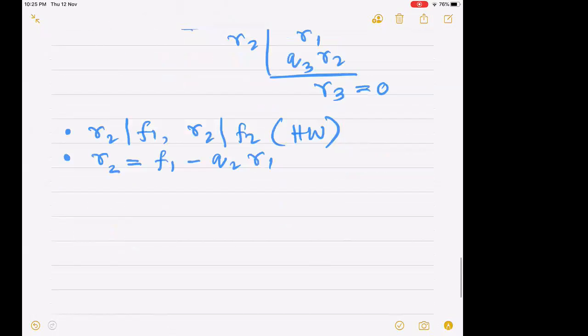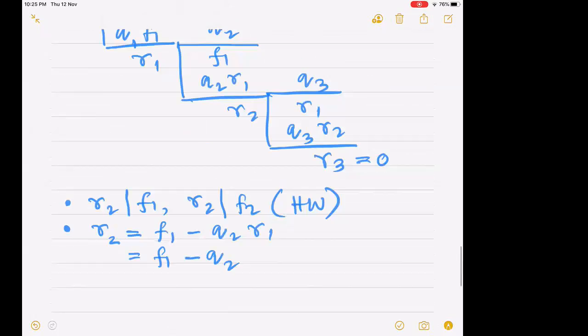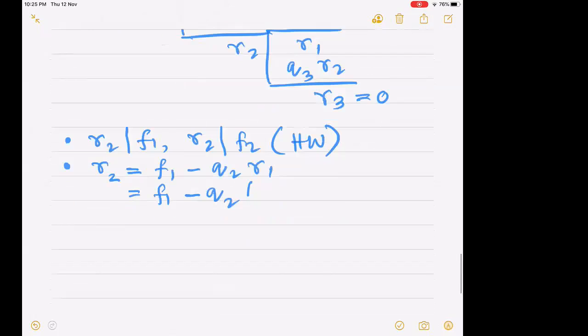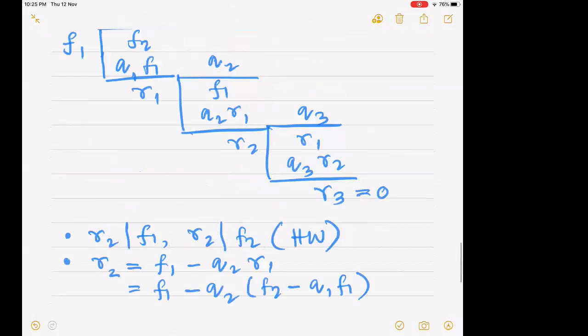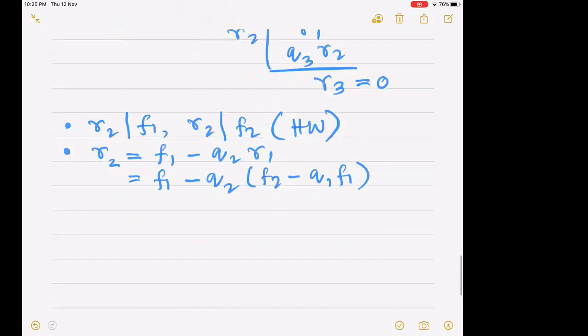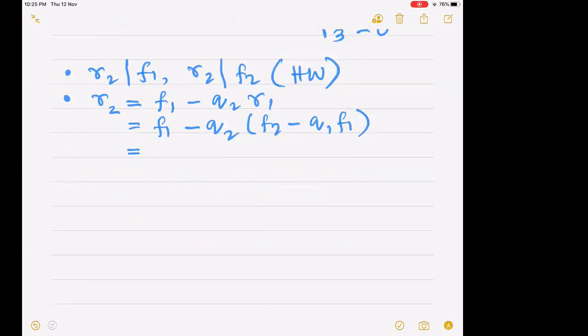That is F1 minus Q2 times, but how do we get R1? R1 is F2 minus Q1 into F1, right? This is what R1 is. So now taking all the F1s together, we get 1 minus Q1 Q2 times F1 plus Q2 times F2.